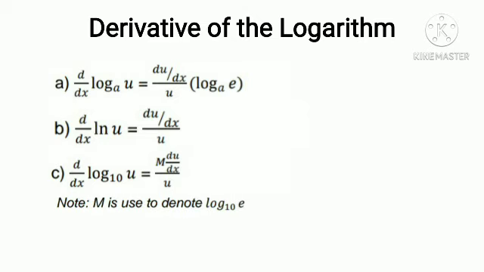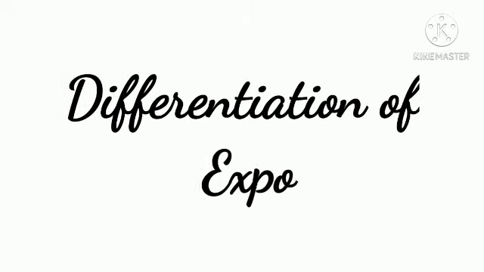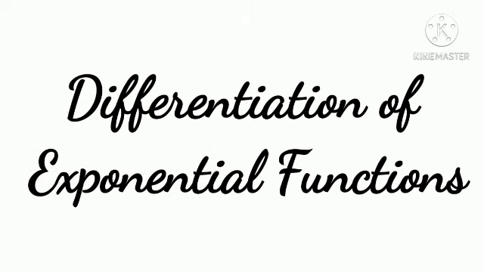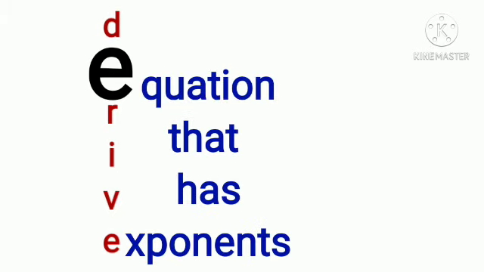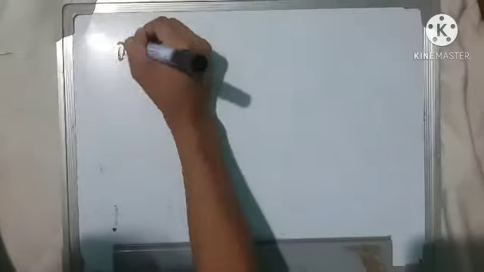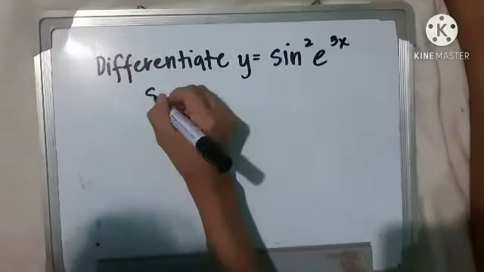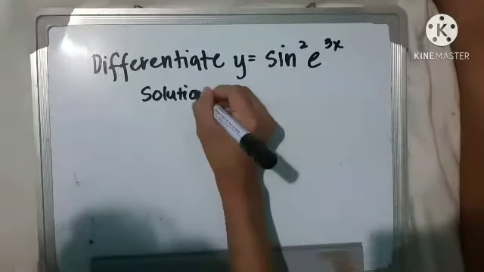Next, the lesson that we're going to discuss is the differentiation of exponential functions. Here in exponential functions, what we have mainly is the e. We're going to derive them, and of course, equations that have exponents. For example, we're going to derive sine squared of e raised to 3x. We're going to use the power rule.